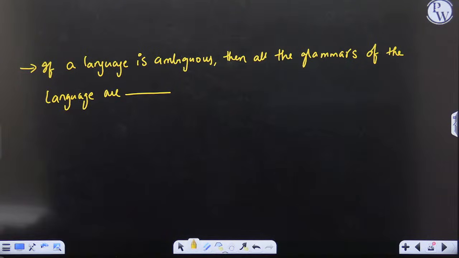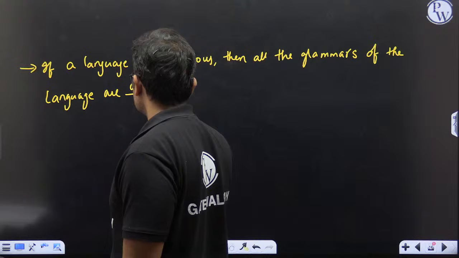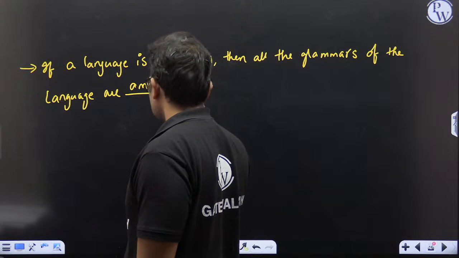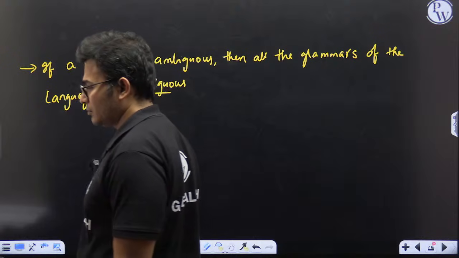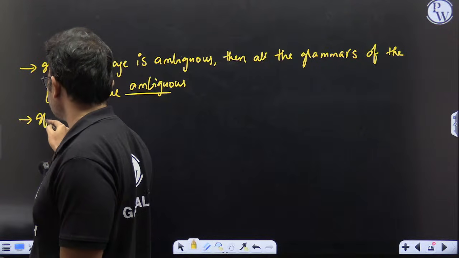Very good. If a language is ambiguous, then all the grammars of the language are ambiguous, right? Similarly, you can write it in the reverse.